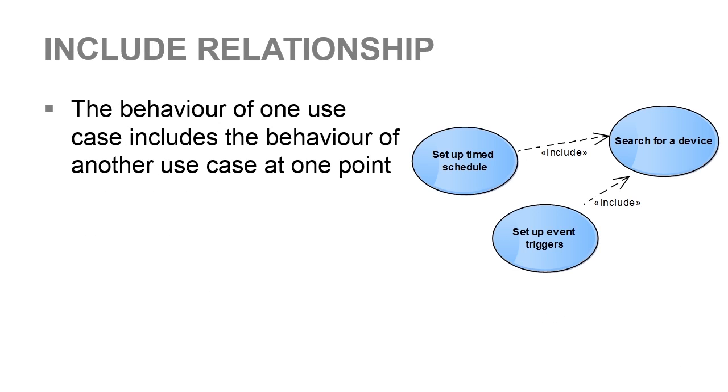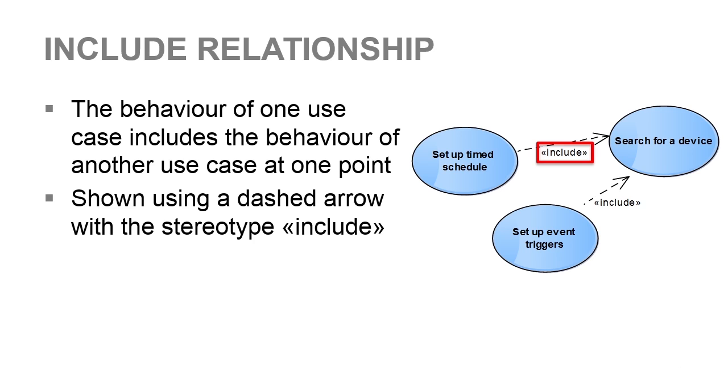In some cases, use cases have behavior in common, and it's possible to factor out that behavior into a shared use case. This is represented by an include relationship, which unconditionally includes the behavior of one use case in another at a specific point. The notation is a dashed arrow with an open-ended arrowhead, and the stereotype include alongside the line of the arrow. The arrow points at the included use case.